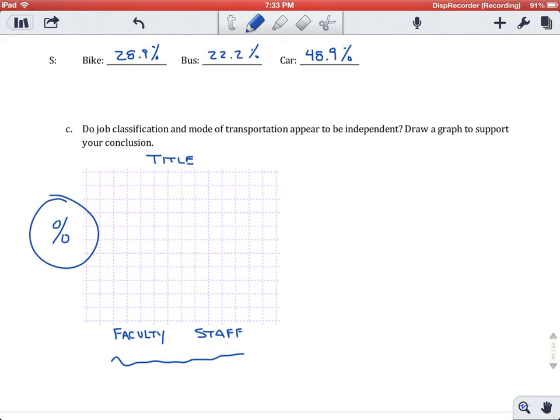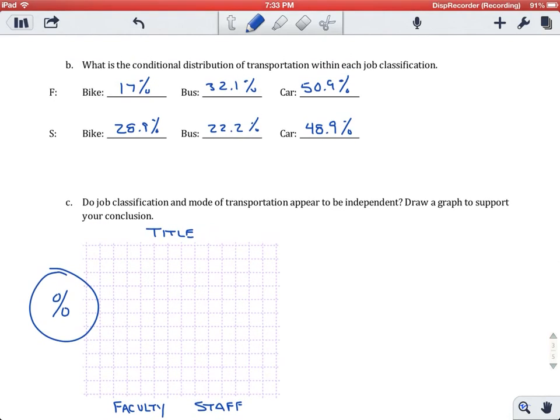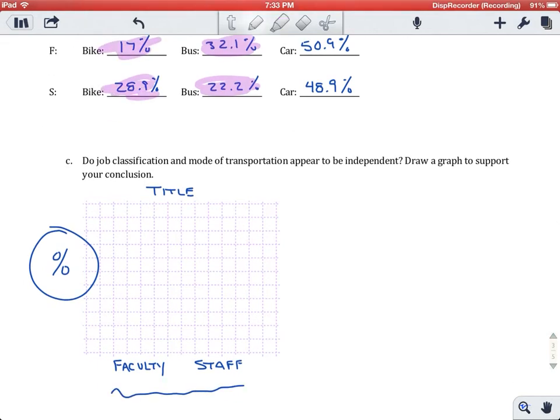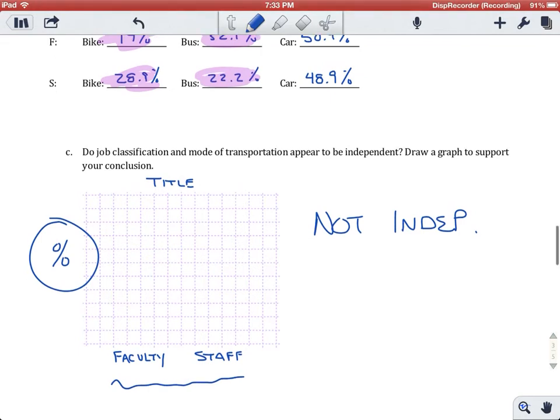And these 2 bar graphs, these segmented bar graphs, are not the same, and we can see that in these percentages. These are the percentages, of course, that you should have been using here. And the bike and the bus are both off. So this is not independent. There is some kind of association between job classification and mode of transportation.